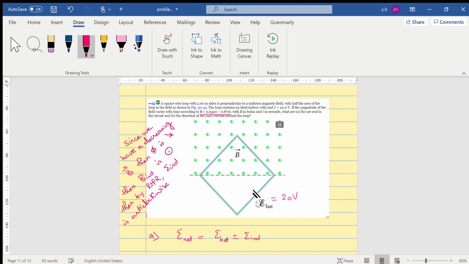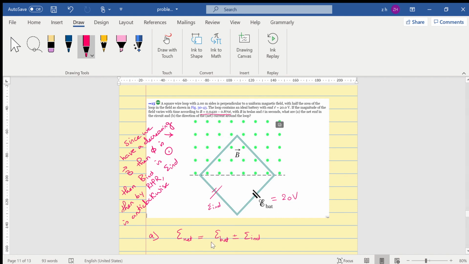And we can see here that if the induced electromotive force is anti-clockwise, then we can represent it by this battery here. And it actually adds up to the electromotive force of the battery.